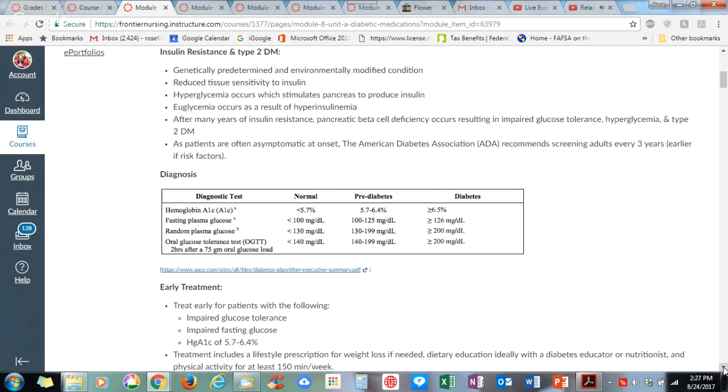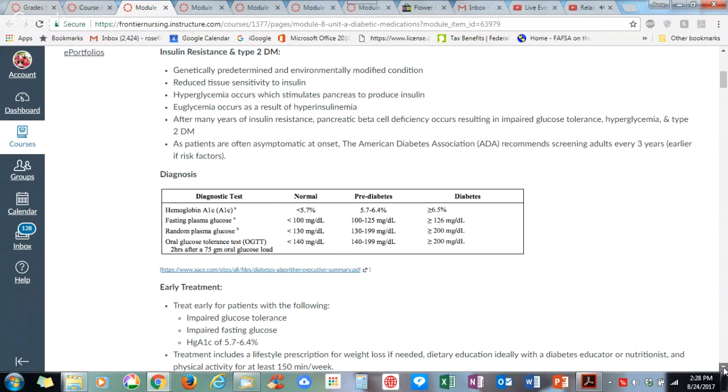After many years of insulin resistance, pancreatic beta cell deficiency occurs, resulting in impaired glucose tolerance, hyperglycemia, and type 2 diabetes. Patients are often asymptomatic at onset. The American Diabetes Association (ADA) recommends screening adults every 3 years or earlier if risk factors.